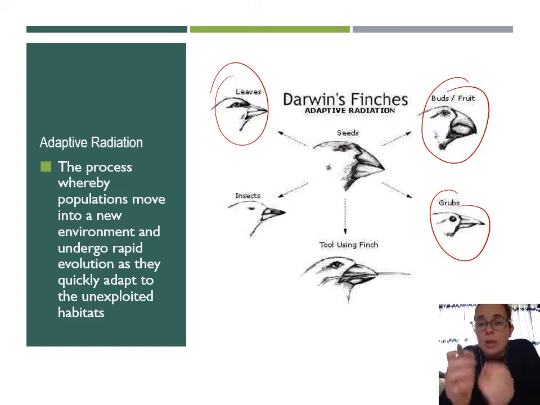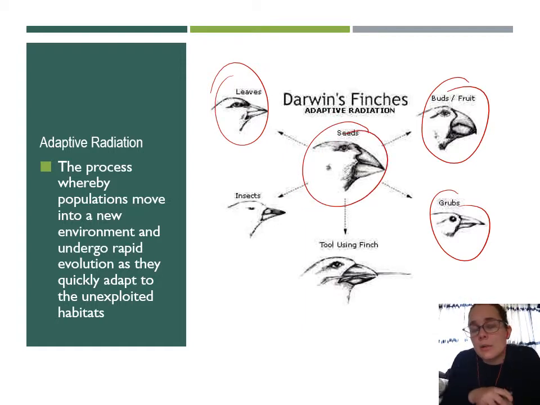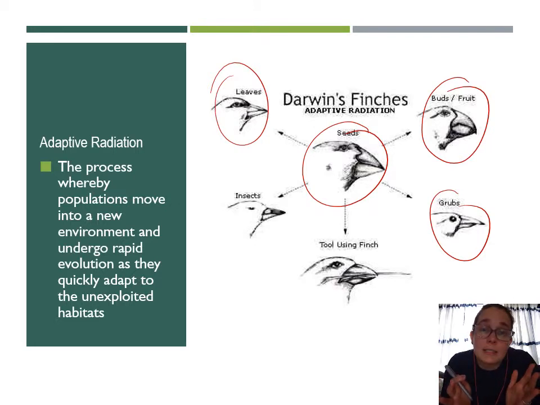So they have one common ancestor, this guy in the middle who eats seeds, but based on the selection pressures in the different environments that these other finches live in, they've all developed slightly different beaks so that they're able to feed, live, survive, be happy and healthy in their new habitats compared to the guy that eats seeds. So natural selection can be something that causes divergence, the form of divergence that is happening here when we talk about divergent evolution versus convergent evolution.